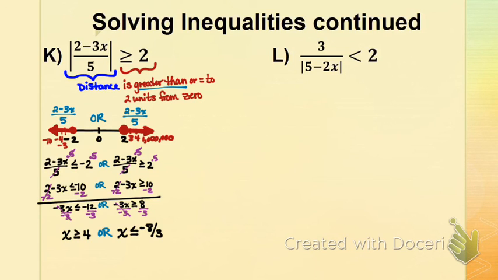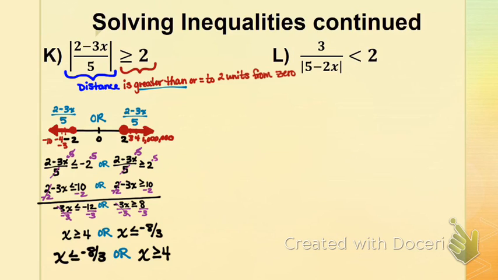No, less than negative 8/3 should be on the left. That's the smallest thing here. X is greater than 4 needs to be on the right, and I need to remember that when I'm writing my interval notation. We are going to have a union here. Do you guys remember when we wrote the union yesterday? That's how we describe there being a gap on the graph.